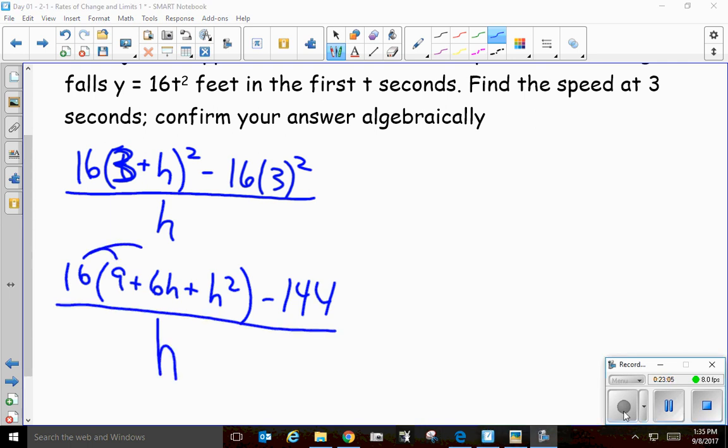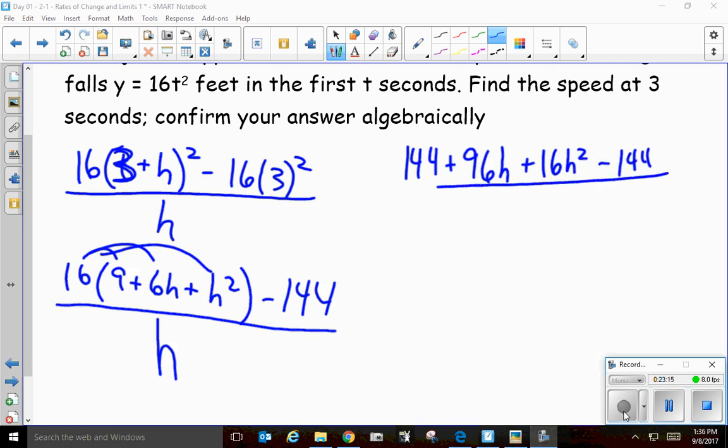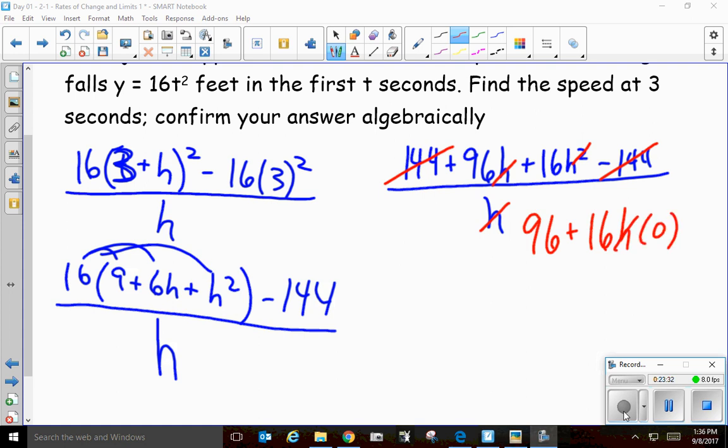And if I FOIL my 16, I get 144 plus 96h plus 16h squared minus 144 all over h. Again, if we did this right, the 144s cancel. I can take an h out of every term. So I've got 96 plus 16h, where our h approaches 0, correct? Times 0. Anything times 0?